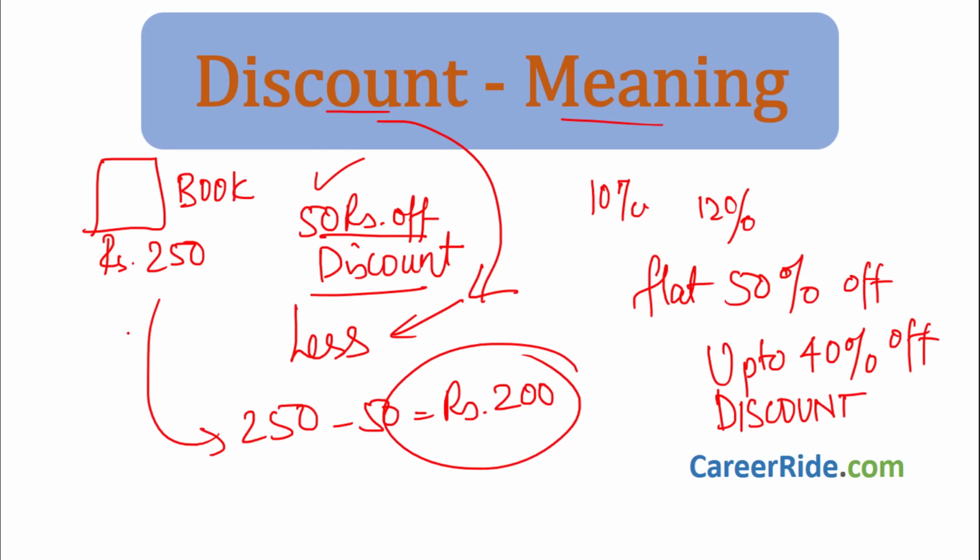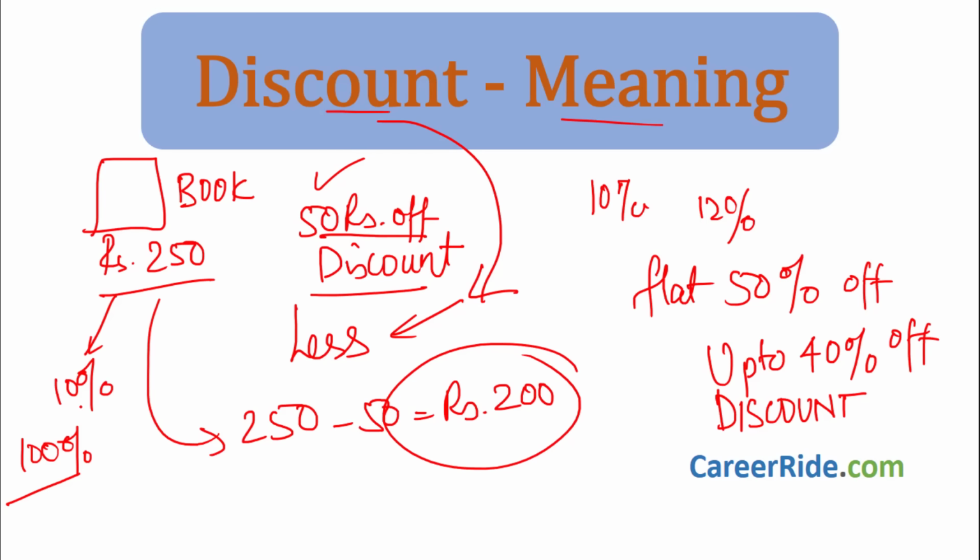Now if this is a book and a person is giving 10% discount on this, that means you have to pay 10% less amount of money. So how much money will you actually pay? Any object which is there is always taken as 100%. That entire object is 100%. The price of the book is 250, so 250 is nothing but 100%.